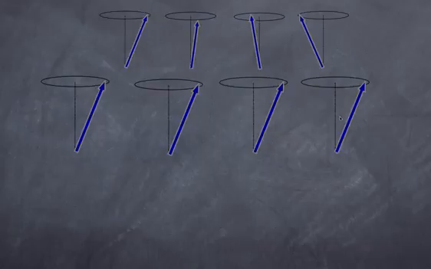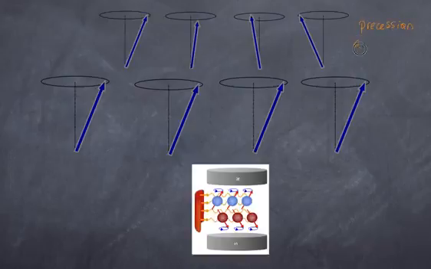When the radio frequency is fired, for resonance to occur, the first thing that happens is you start to get precession going in phase. Now, what is the significance of that?